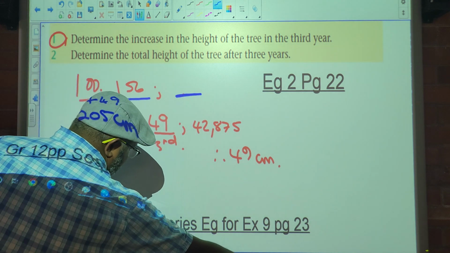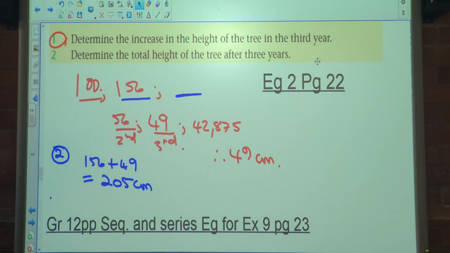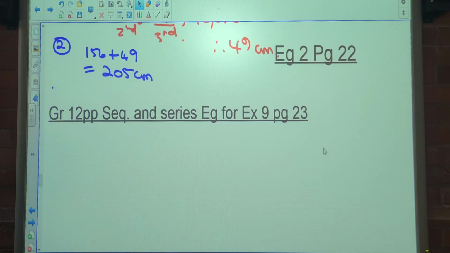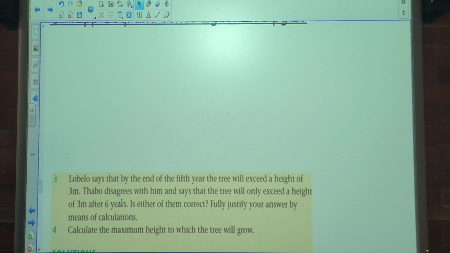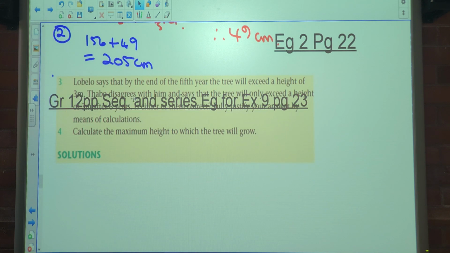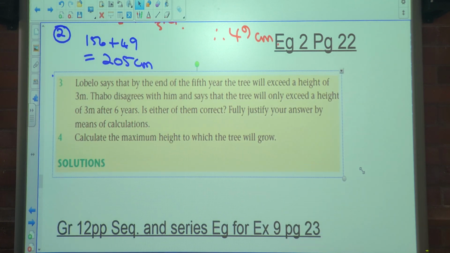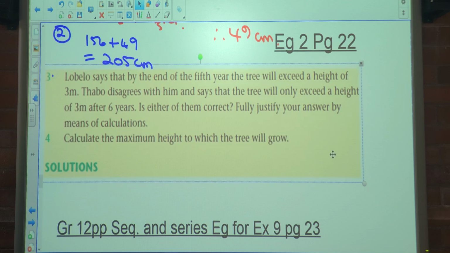Let's look at number 3. Question 3 says, Bello says that at the end of the 5th year, the tree will exceed the height of 3 meters. What does exceed mean?